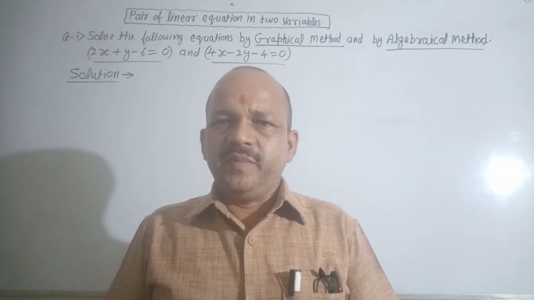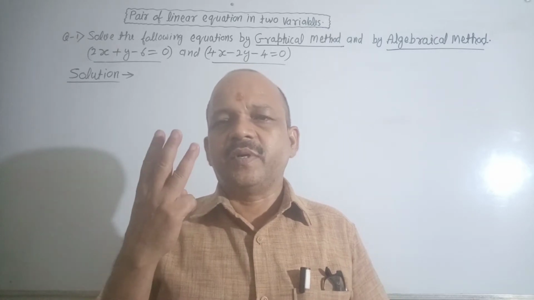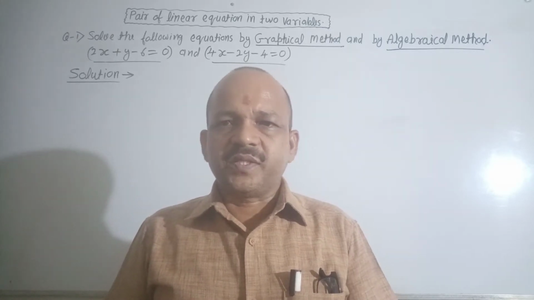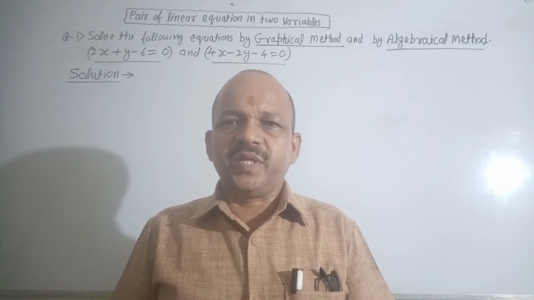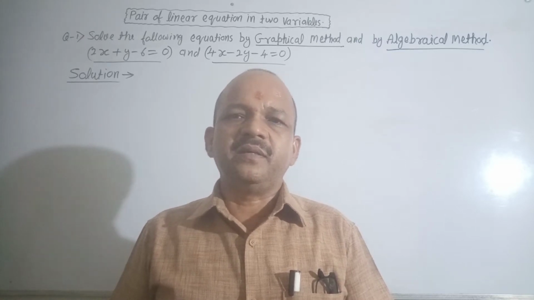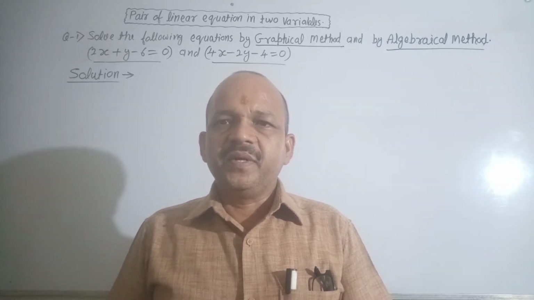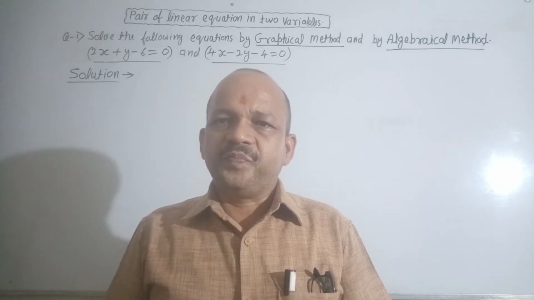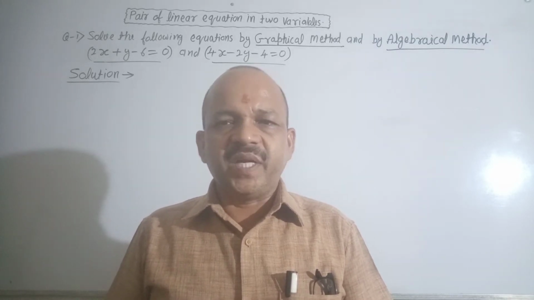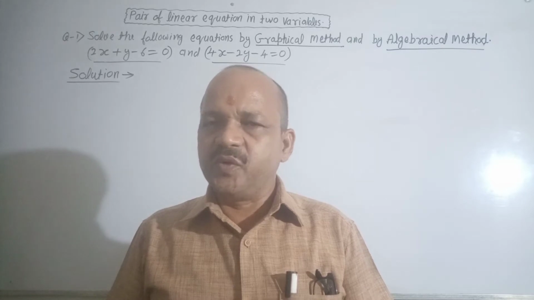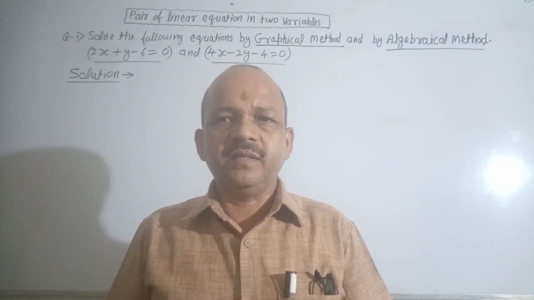By algebraical method, there are three types of algebraical method. First, substitution method. Second, elimination method. Third, cross multiplication method. If a1 by a2 not equal b1 by b2, then it shows intersecting lines, unique solution and consistent system.